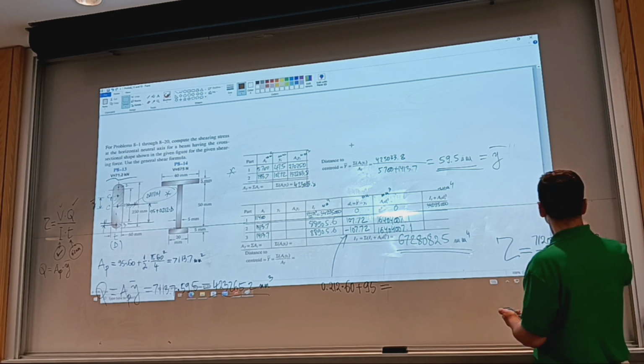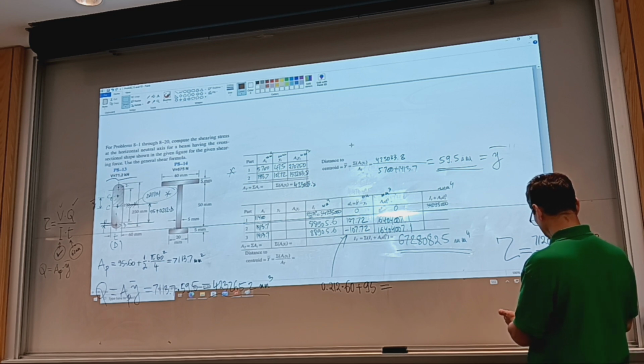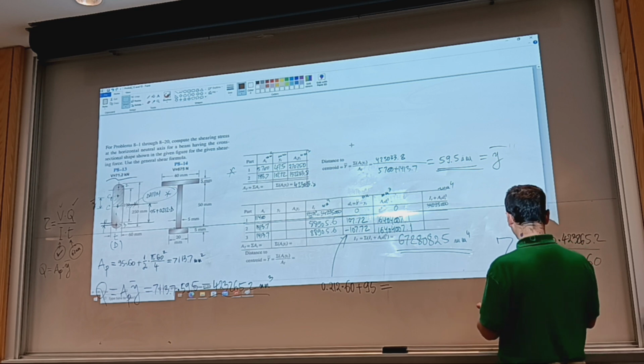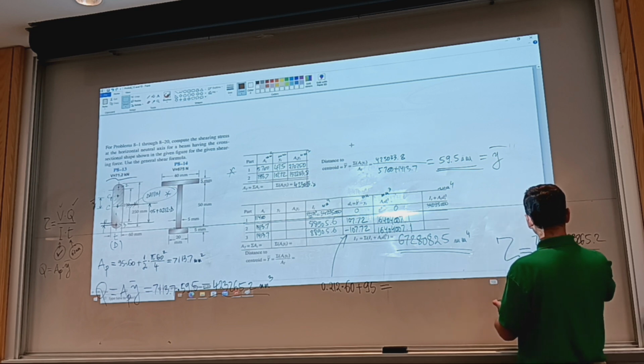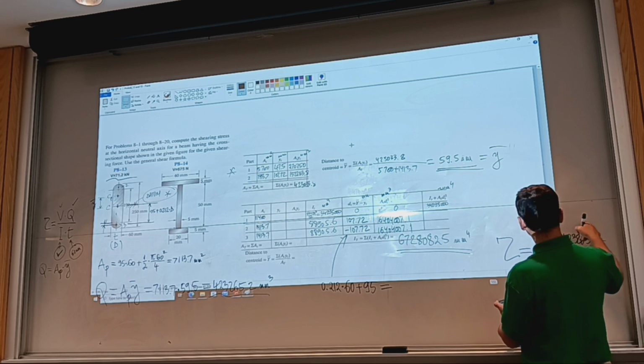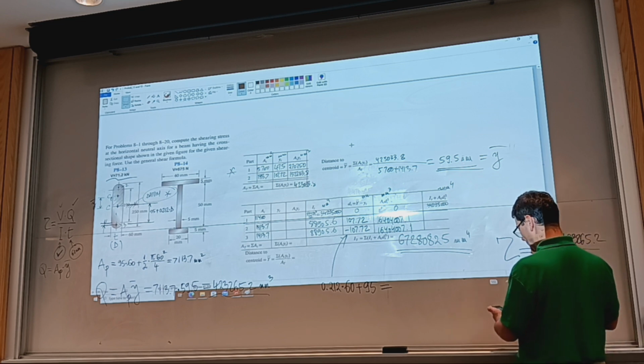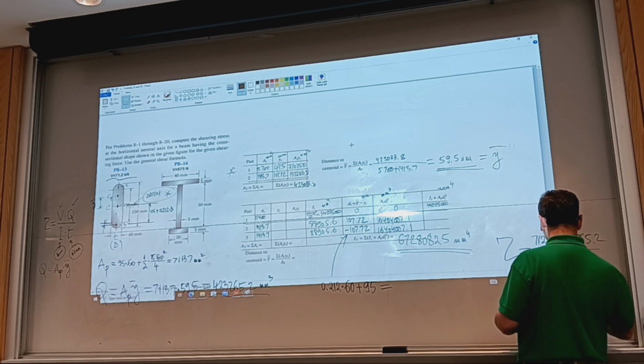So I still have this times 71200 over 60 over... so working with newtons and everything in millimeters or millimeters squared or cubed, tau is 7.46, I could say 7.5, 7.47 megapascals.